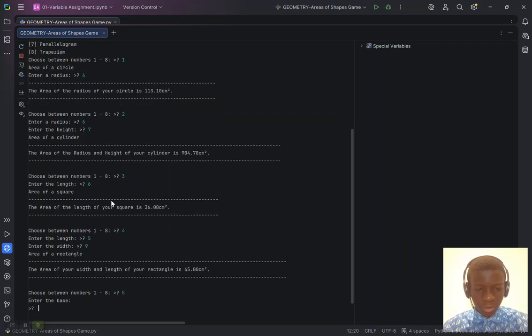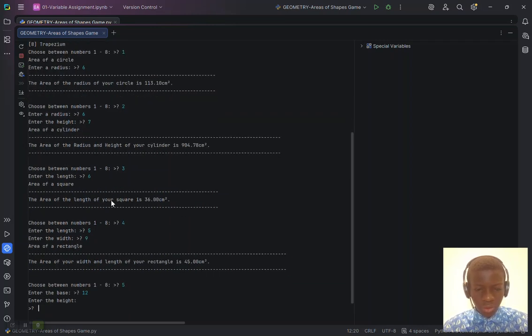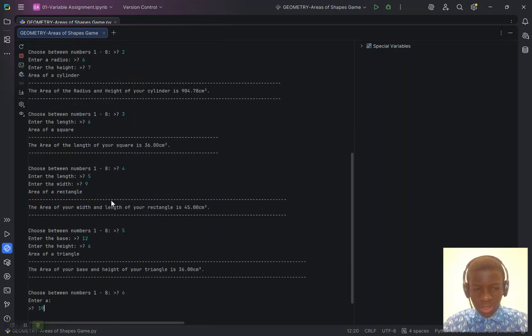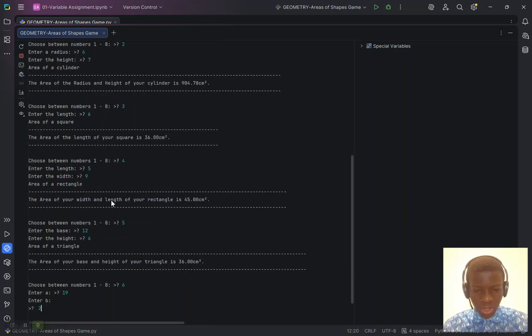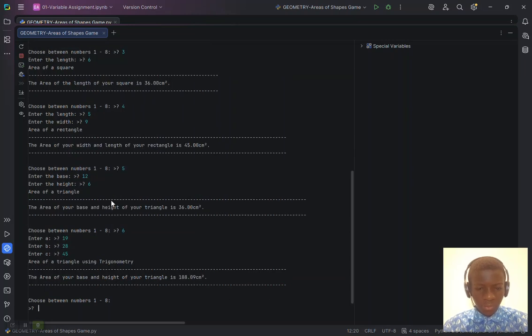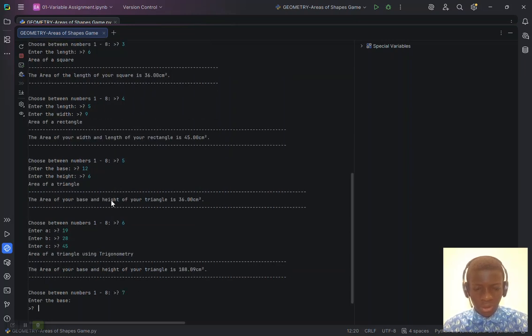And 6, 19, 28. Sine 45. Let's say the sine of 45. There we go. Sorry, not sine 7, 7. Then we do this one again. 12 and 6.